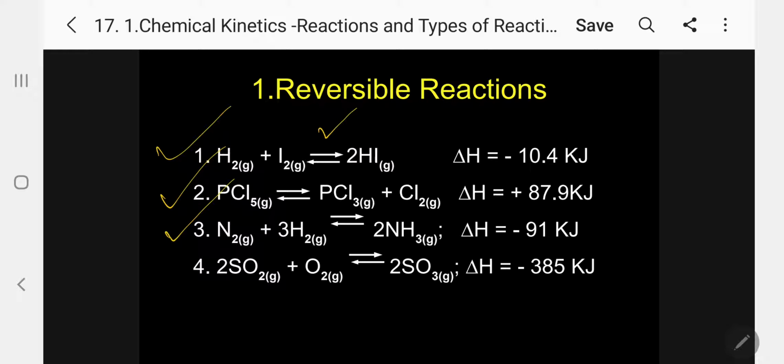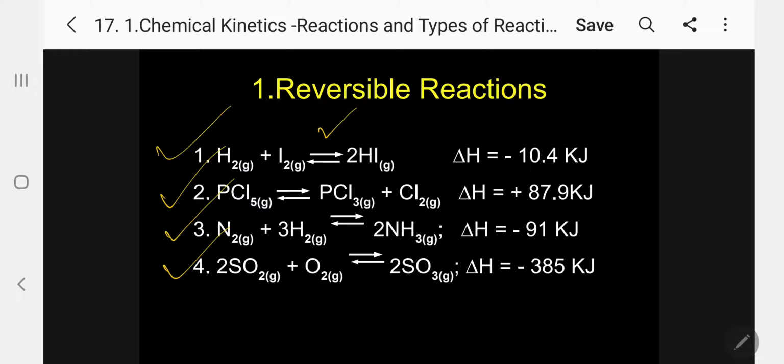And number 3, formation of ammonia. N2 gas plus 3 moles of H2, reversible arrow 2NH3, delta H minus 91 kilojoule. This is also a reversible reaction indicated by equilibrium, that is, the double-sided arrow. Lastly, 2SO2 plus O2, reversible arrow 2SO3 gas, delta H equal to minus 385 kilojoules.